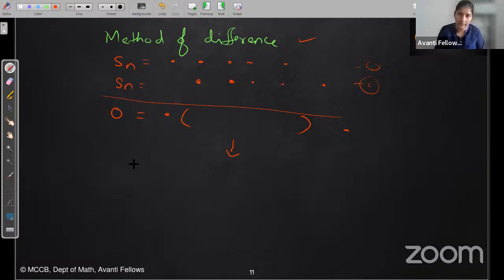In the second part of the method of difference, we write the rth term in such a way that we split it into two parts, so that if we write T1, T2, T3, some of the terms get cancelled. So when we add them, some terms get cancelled and we get the value of Sn.